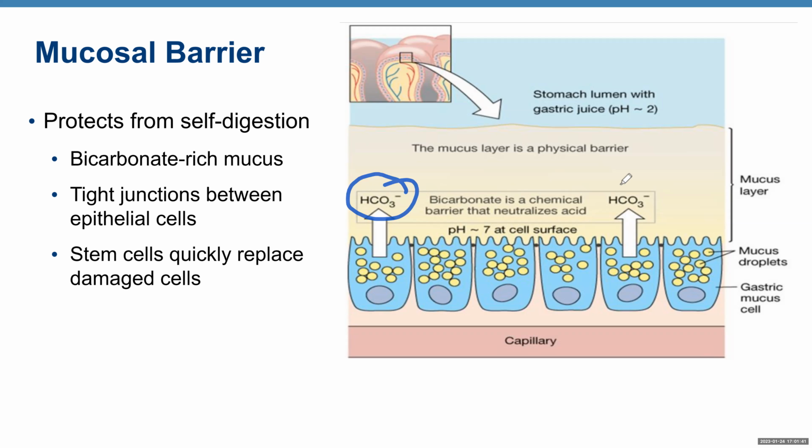So here's the bicarbonate, and what bicarbonate does is neutralize acid. So here's your mucus barrier. Again, the major function is to protect from self-digestion and from low pH, or high acidity, in the stomach juice.